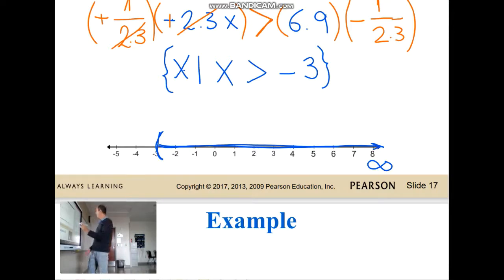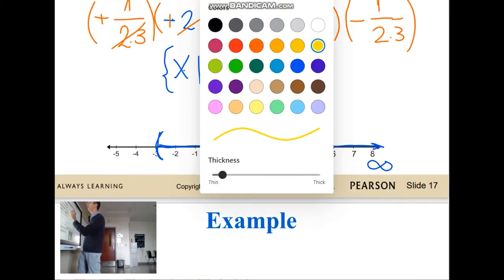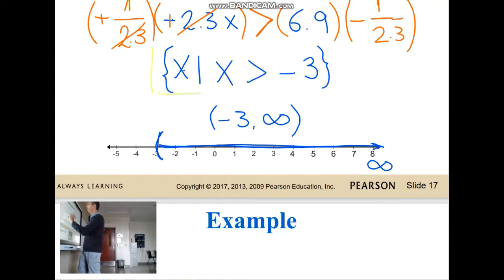Using interval notation, it's from negative 3 to infinity with parentheses on both sides. So this is set notation, and this is interval notation.